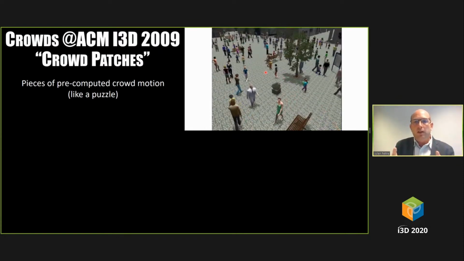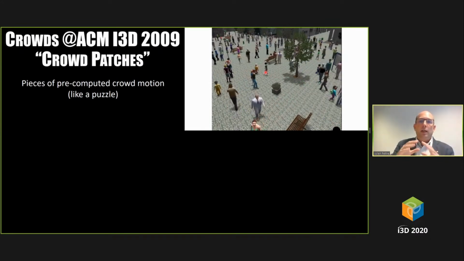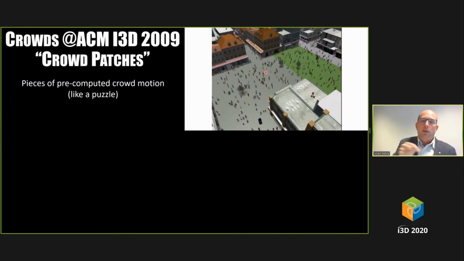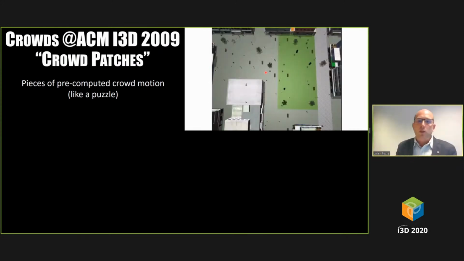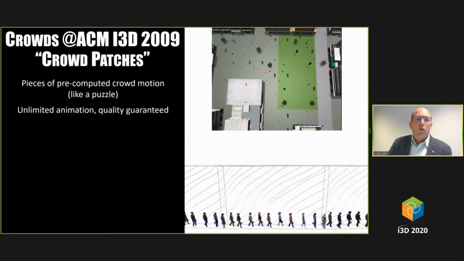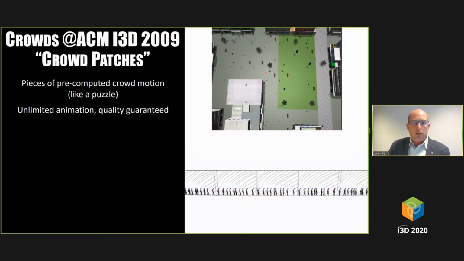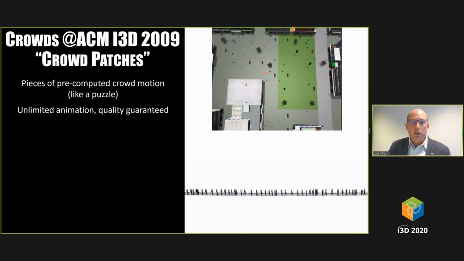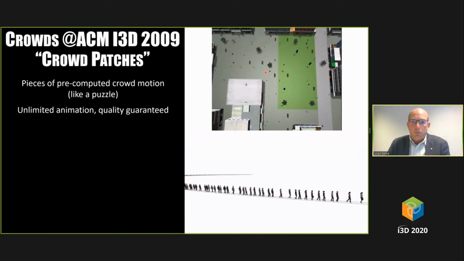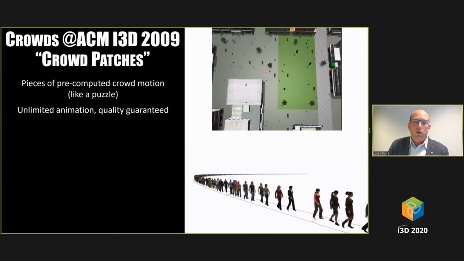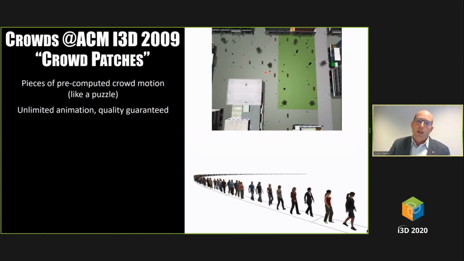You can place them endlessly because their content is periodic, and we carefully control the boundary conditions of trajectories so that you can assemble patches together, and characters seem to traverse those patches endlessly. So you can populate an environment on the fly with a quality which is guaranteed, because since everything is pre-computed, you can check beforehand that nothing bad happens, such as residual collisions between characters.